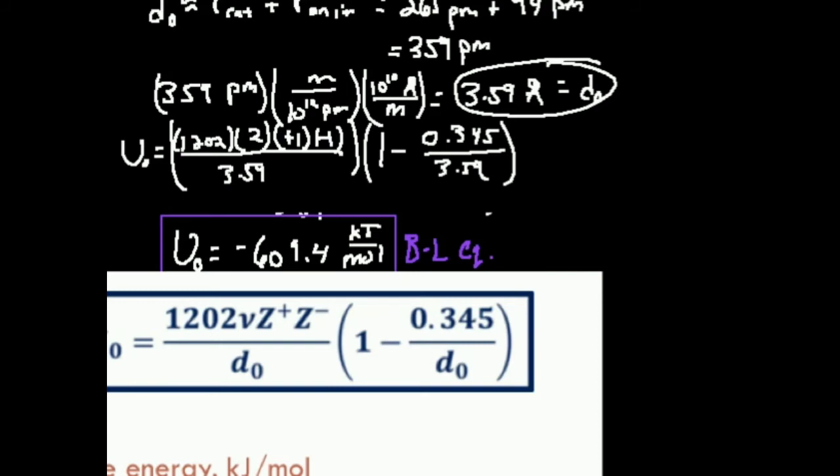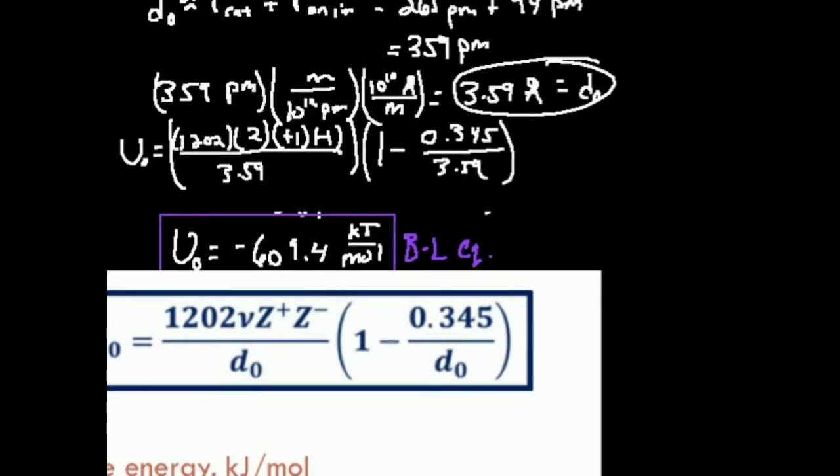And then I'm going to multiply by 1,202 times 2 times minus 1 divided by 3.59. And let me write down the answer over here. So I got that the lattice energy from the Kapustinskii approximation is about negative 605.3. And that's going to give it to me in units of kilojoules per mole.